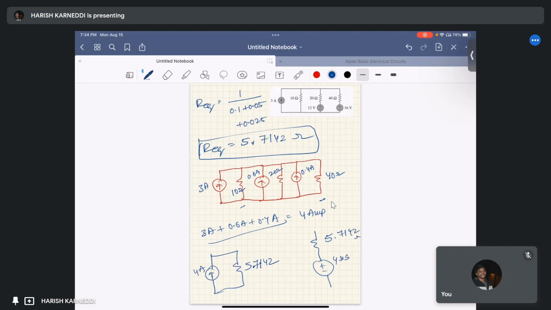V equals I into R, that is 4 into 5.7142, that equals 22.8568 volts. The resistance equals 5.7142 ohms, and the voltage source is 22.8568.